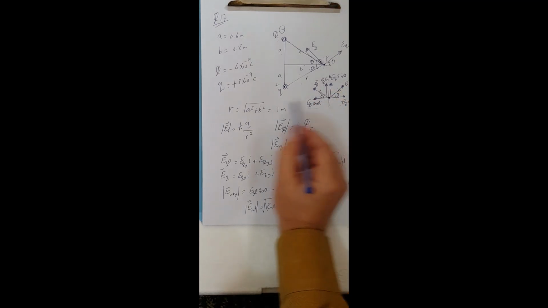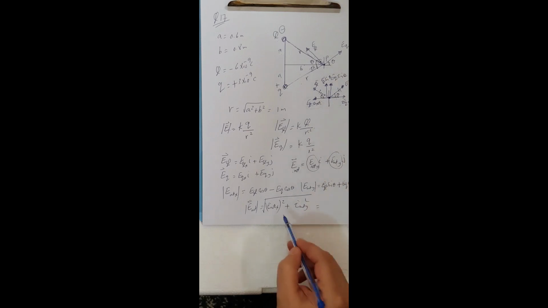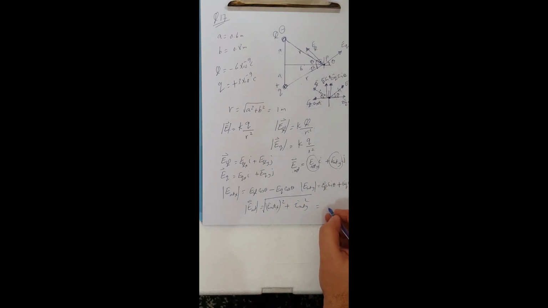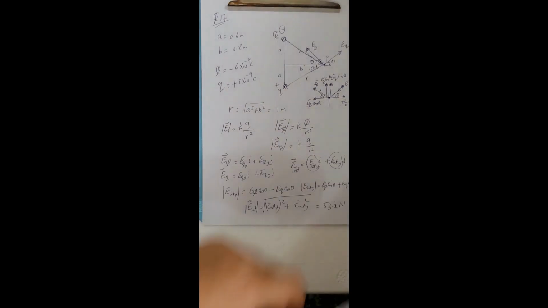You find the total on x, total on y, and then you do the Pythagorean theorem to find the final answer, which is 53.2 Newton. So now this is the detailed solution.